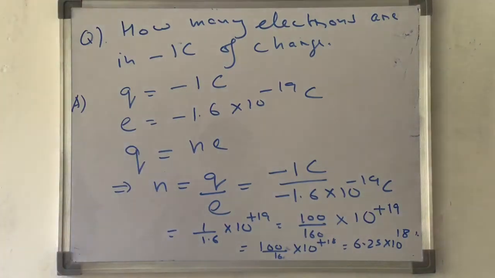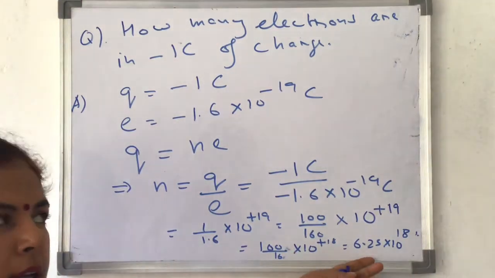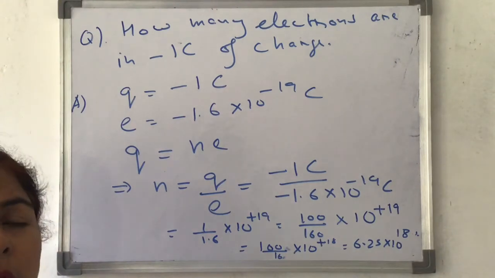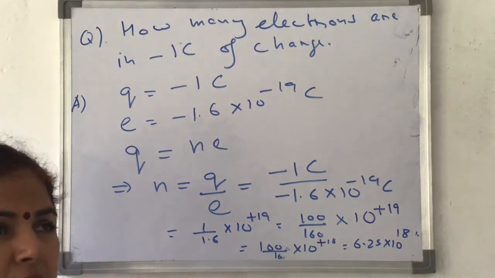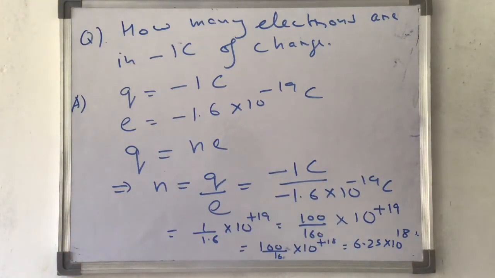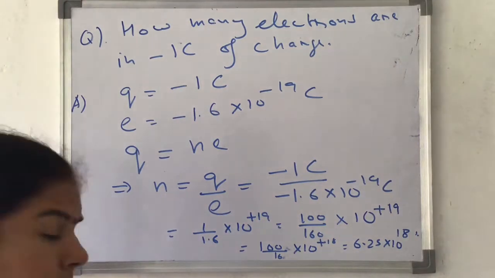It will not have any units, this is the number. The units have cancelled. So these many electrons are present in how many coulombs of charge? 1 coulomb of charge. The question can change to 10 coulombs, you will accordingly change the value of Q. Is this clear? Okay. Now let's come to a more practical numerical.